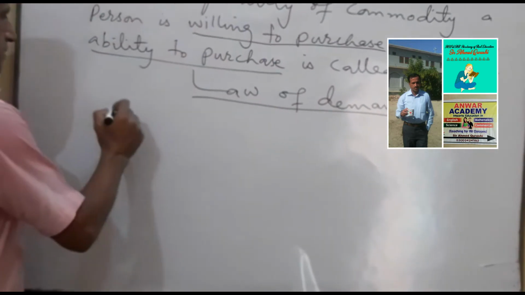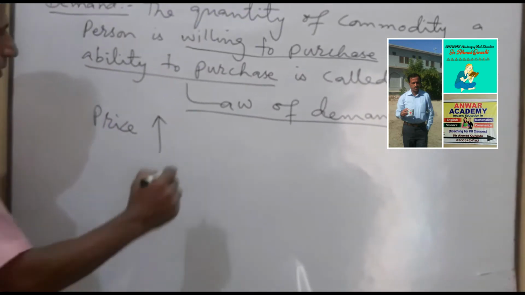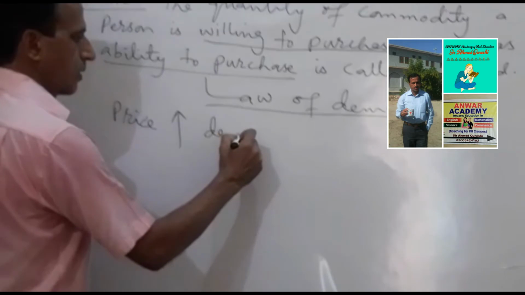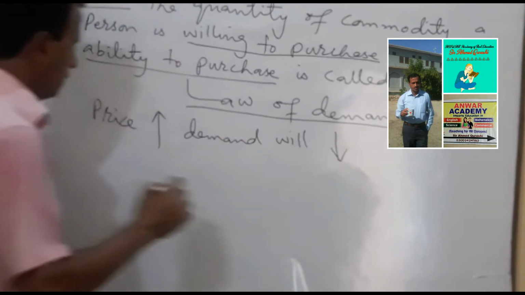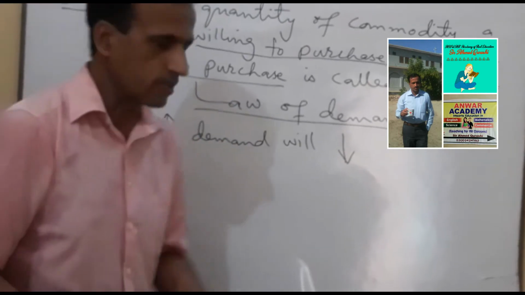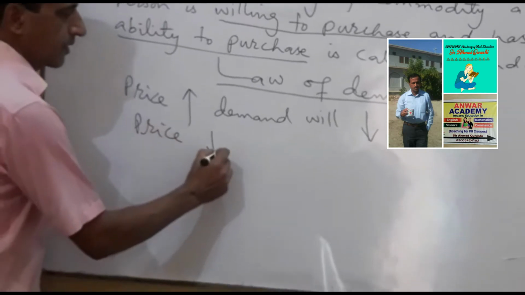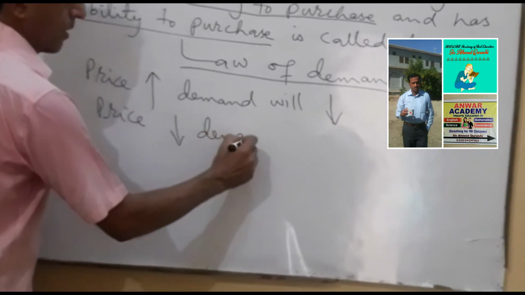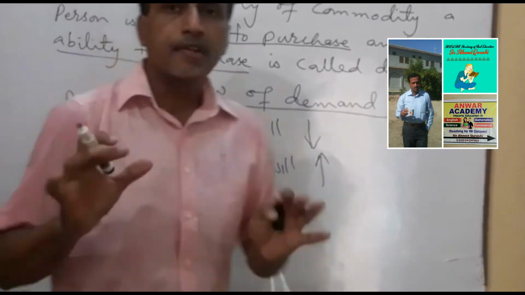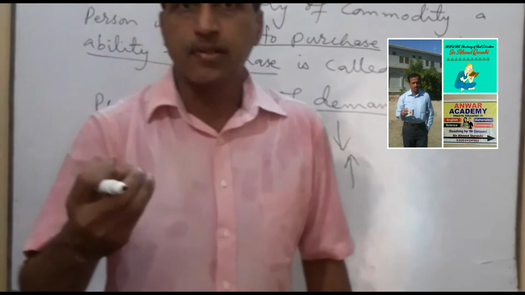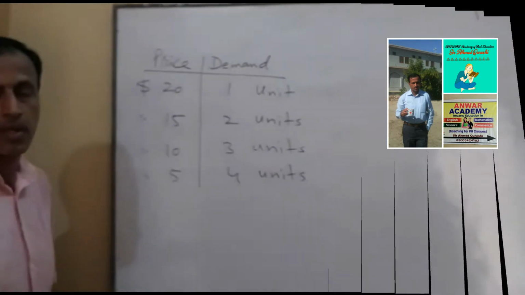In this way, when price increases, our demand will decrease. On the other hand, when price decreases, our demand will increase. So it shows that there is an inverse relationship between the price of any commodity and quantity.